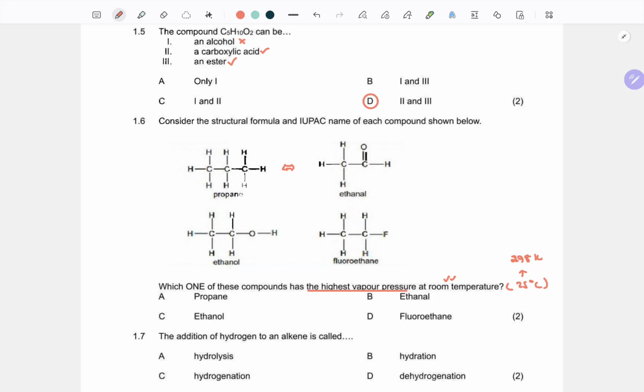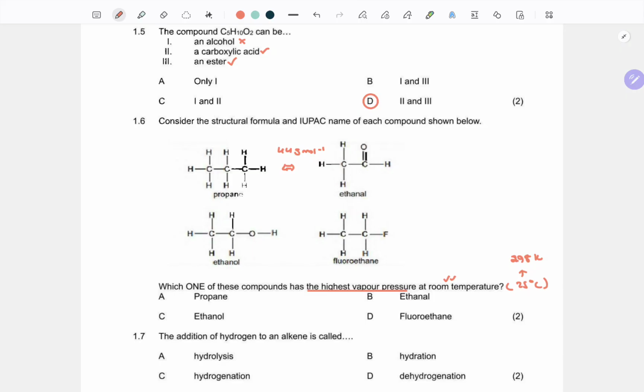So 36 plus 8 gives us 44. So this is 44 grams per mole. If we look here, this is 24 plus 4, that's 28, plus 16, that gives us 44 as well.